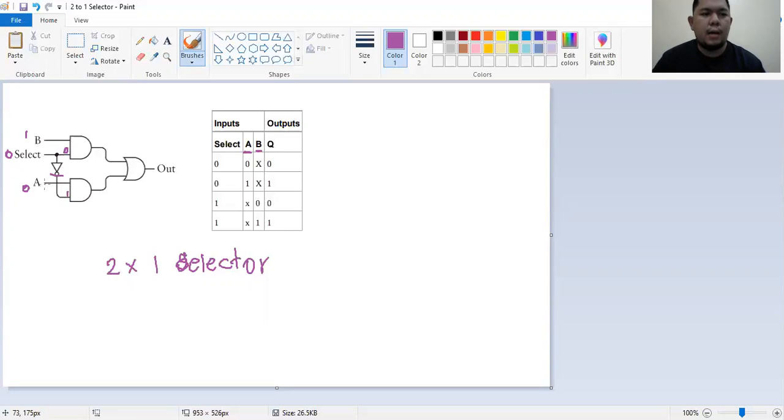We have a value of 0 from input A, and a value of 1 in the B input. Therefore, the AND gates output 0 and 0, and 0 or 0 is still 0. So we have proven this specific truth.